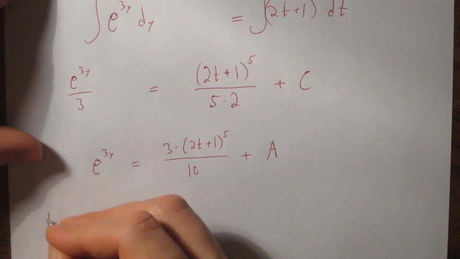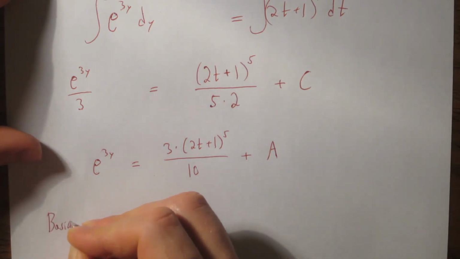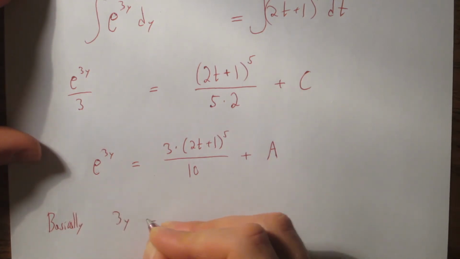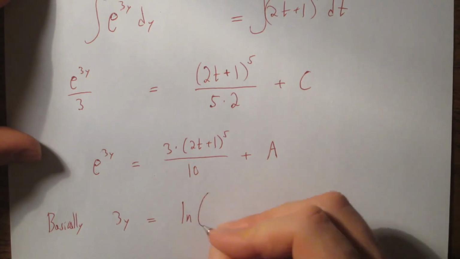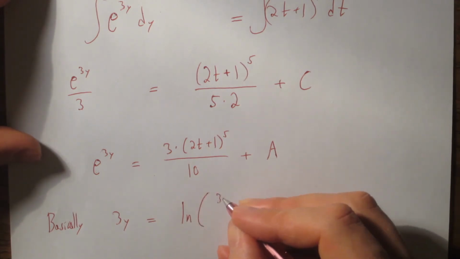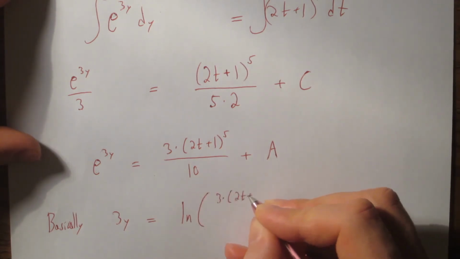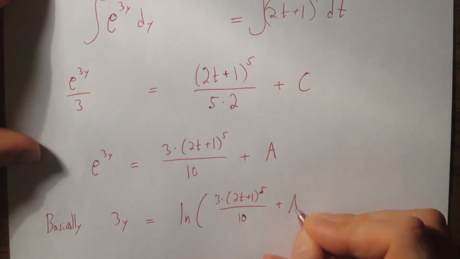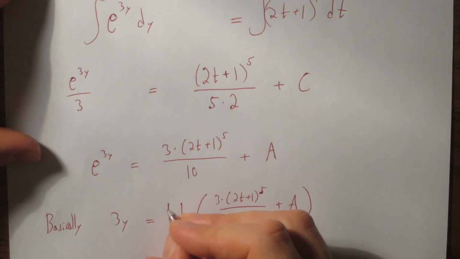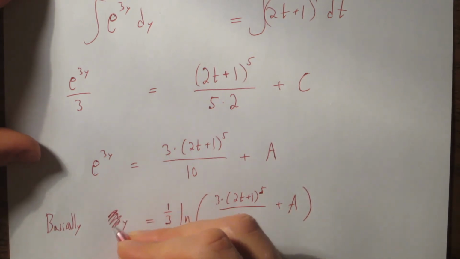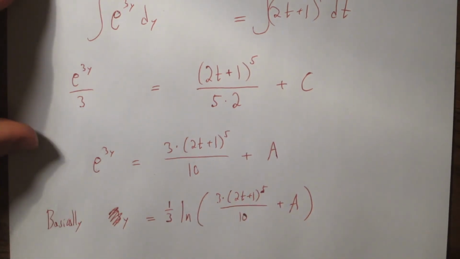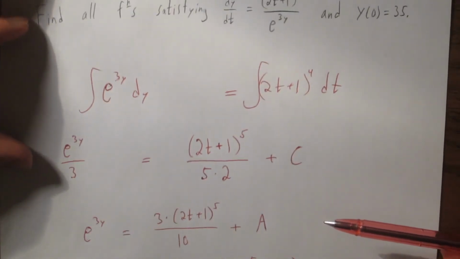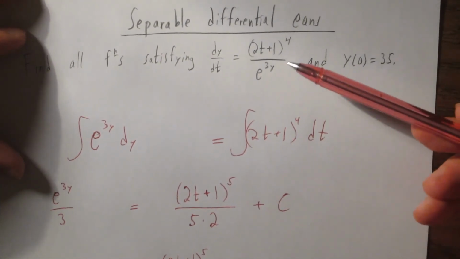Basically, we can now say that 3y is ln of all of 3 times (2t plus 1) to the power 5 over 10 plus a, and then of course y must be a third of that. So this is basically what a function needs to look like if it is supposed to satisfy our differential equation.